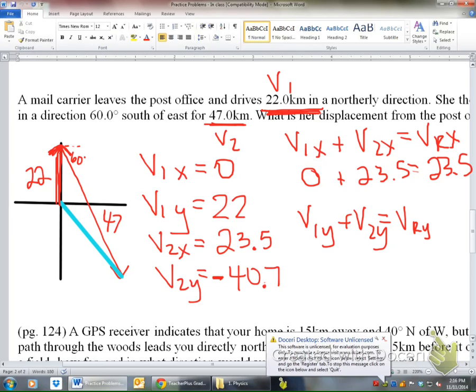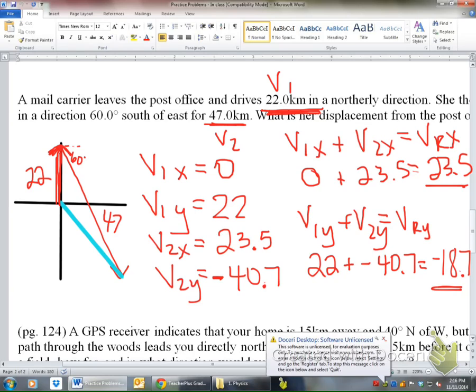Our y component for the first is 22. Our y component for the second is negative 40.7. Tell me what we get for that answer. Negative 18.7, exactly. So now we have the components of our resultant triangle.